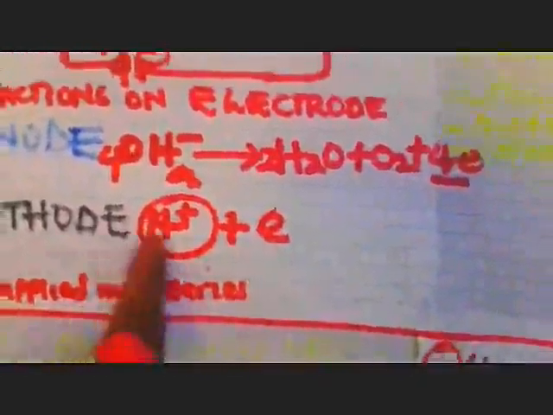We shall find the hydrogen which came from sulfuric acid gaining electrons at the cathode, and here we obtain hydrogen gas. To balance the equation, we put a 2 there, and the electrons also become 2. So we have formed two gases: a gas of oxygen and a gas of hydrogen.